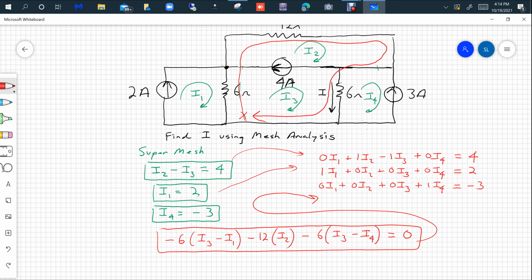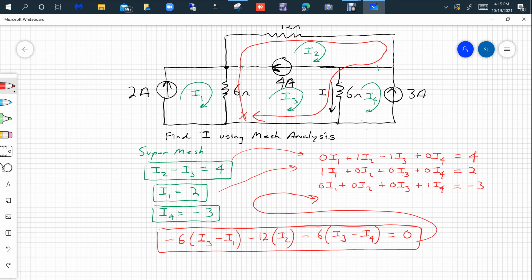And then using matrix or determinant algebra, or just on your smart device or on your calculator, plug in the coefficients, plug in the constants, and you can solve for the currents.